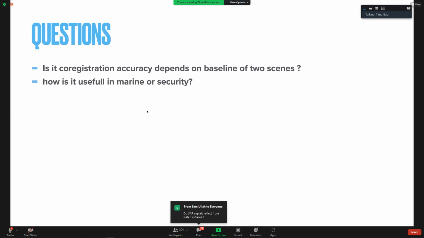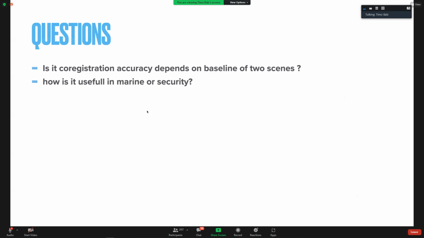So yes, there is an effect. It's clear if you have a very large baseline. We discussed it with stereo radargrammetry: if you have a very large baseline, the geometry gets more different, and it's going to be more difficult to find homologous points. For co-registration, it's the same. If the baselines are rather large, it's also going to be more difficult.